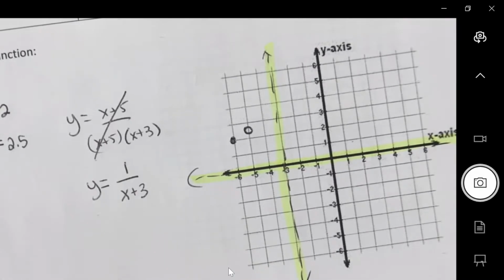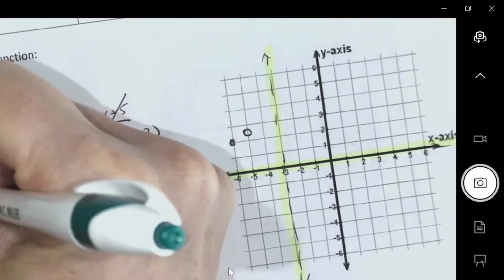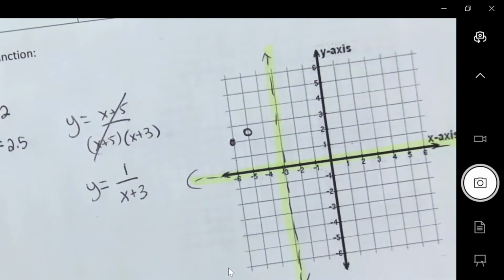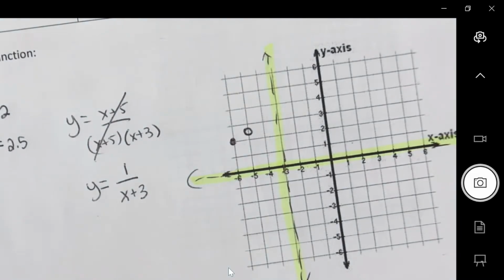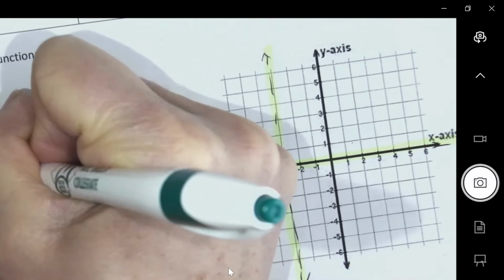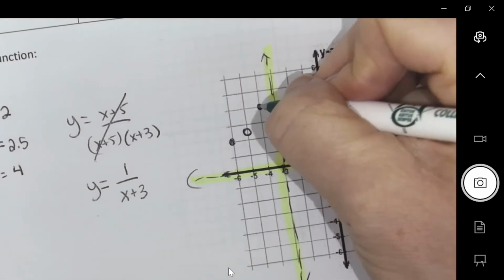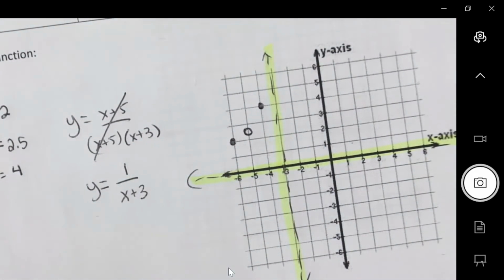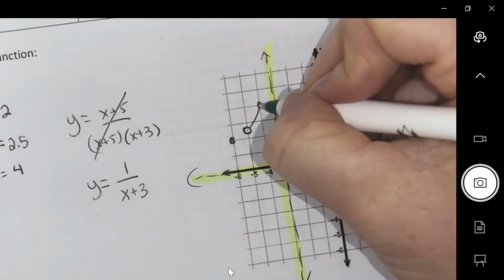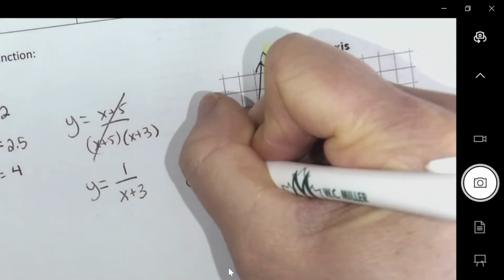That's a hole in the graph. Okay, -4 plugged in makes -4 over -1, which makes 4. Do you see what's going on? Your shapes are always going to form around your asymptotes. So remember how to draw with asymptotes. You go closer and closer and closer to them.